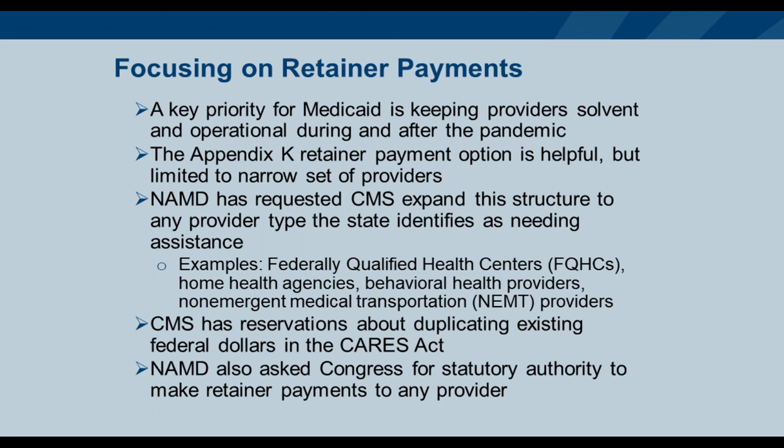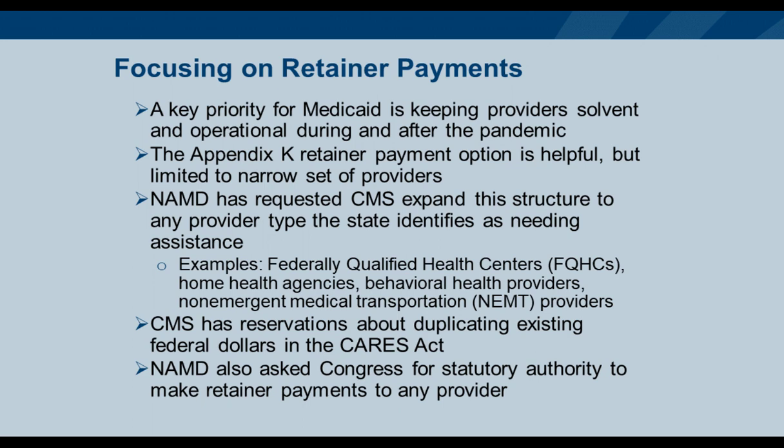So focusing a little more on the retainer payment issue, a key priority that our members are seeing is that Medicaid providers are having real challenges staying solvent in the COVID-19 pandemic. There are a number of Medicaid providers that are not hospital-based, are not institutional, are relatively small, financially fragile, really kind of mom and pop operations that the federal government may not have the best line of sight into to direct resources to assist.